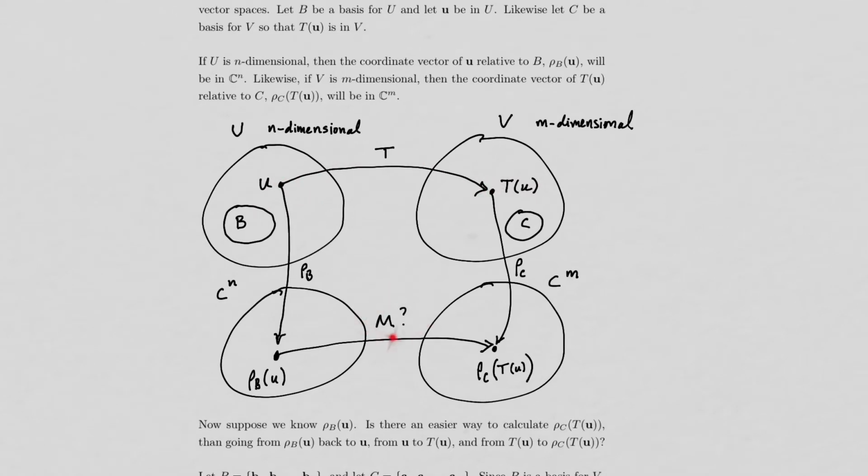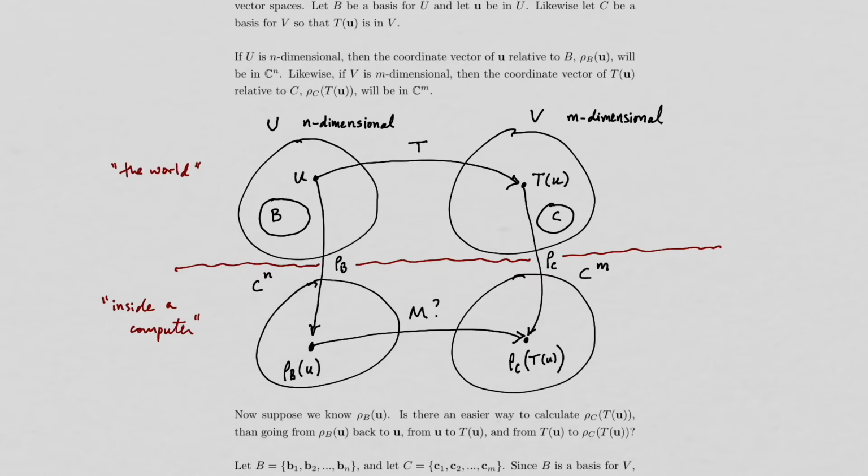So I've labeled that transformation M here because in fact M would be an m by n matrix. Any linear transformation from Cn to Cm has a corresponding m by n matrix that implements the transformation. So now we want to consider, is there such a matrix M? Is there a linear transformation from this vector to this vector? And if so, what is it?